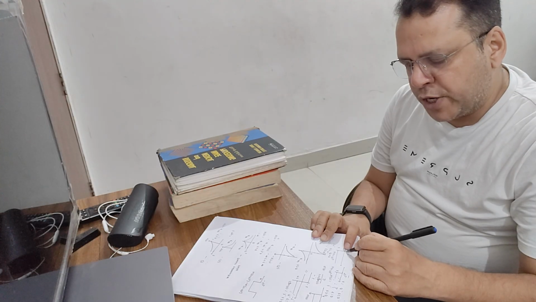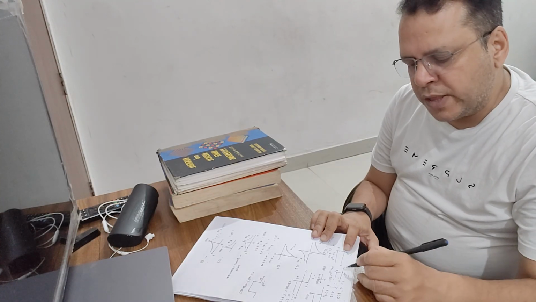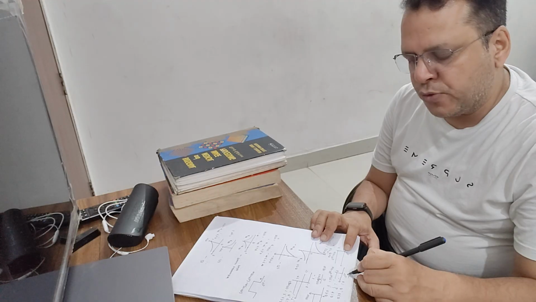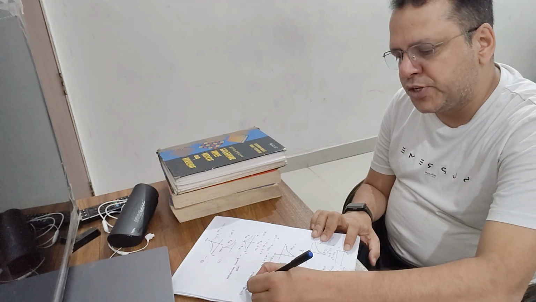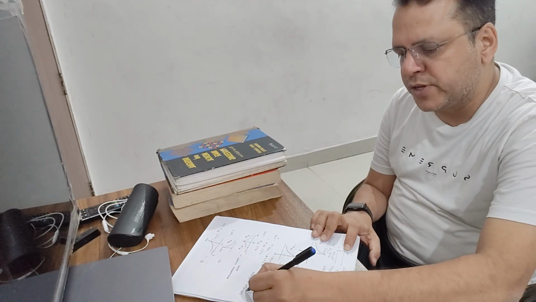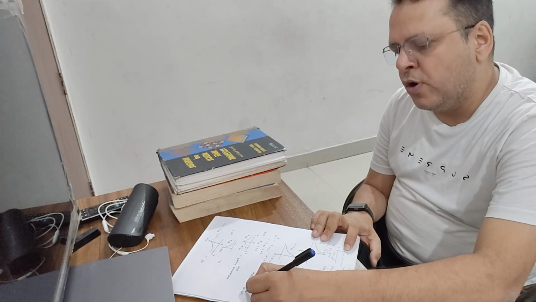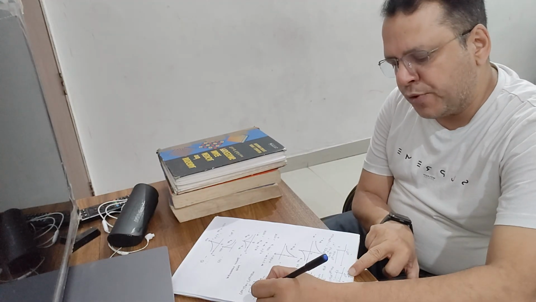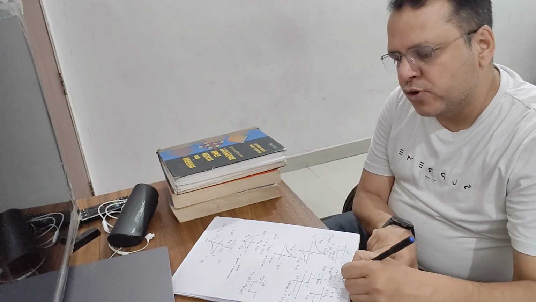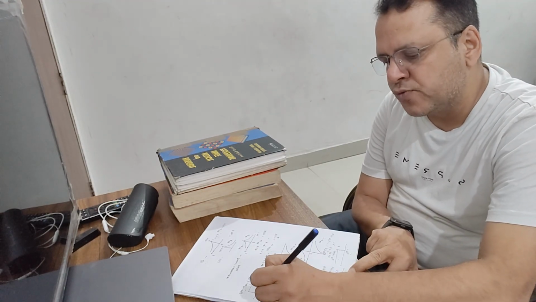From minus tau by 2, this is 1, while this is 0 till tau by 2. So 1 minus 0 is 1. For t greater than tau by 2, this is also 1, this is also 1, so 1 minus 1 is 0.